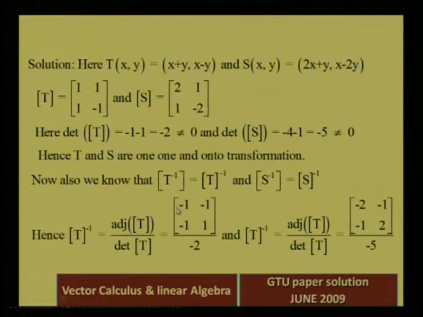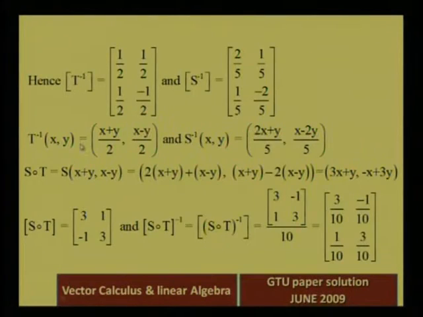Okay, and upon the determinant, minus 2. So the inverse of the standard matrix of T is [-1 -1; -1 1] divided by minus 2.